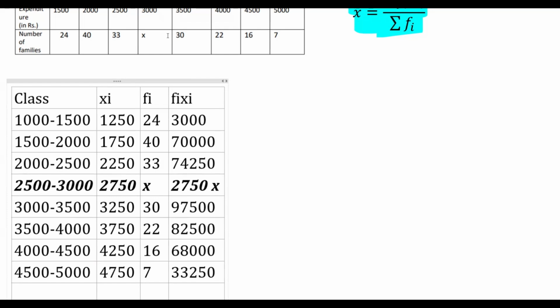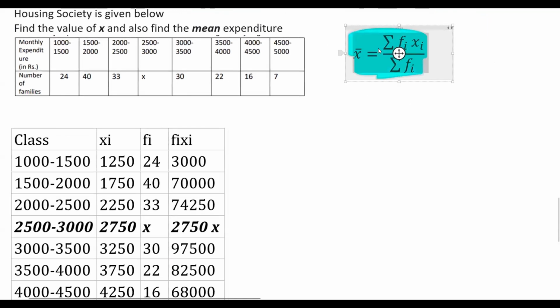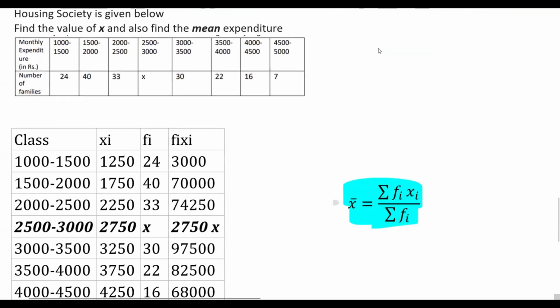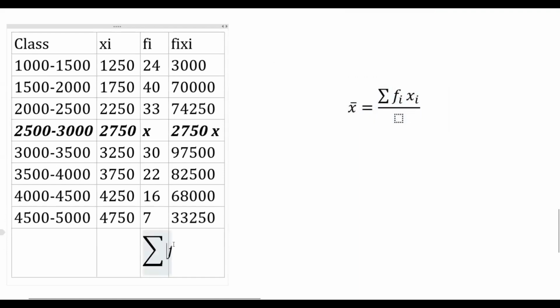Now, once we have got this, we have to get the summation of, as you can see in the formula, we need Fi, Xi. Now let's figure out from here that we need a summation of fi. So I can just take summation of fi from here. This is summation of fi that we are going to get here.